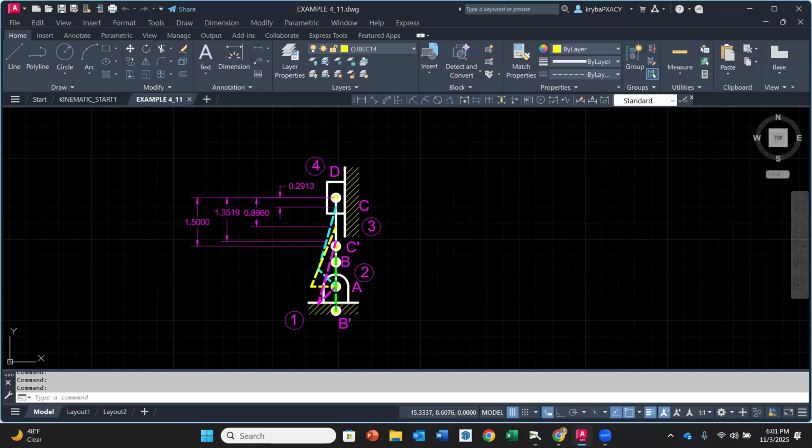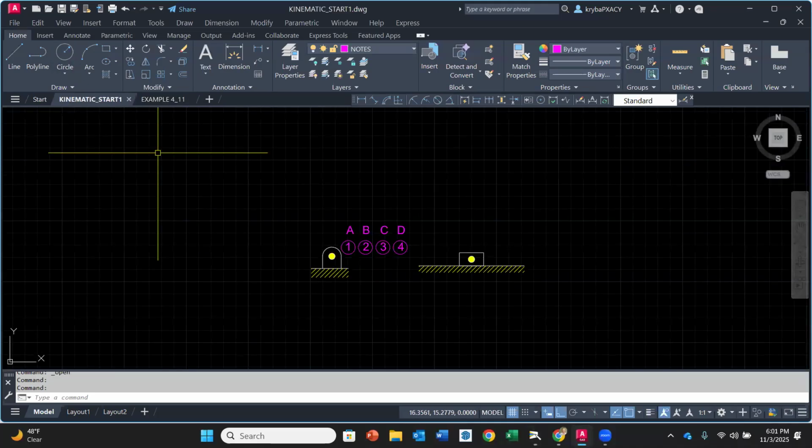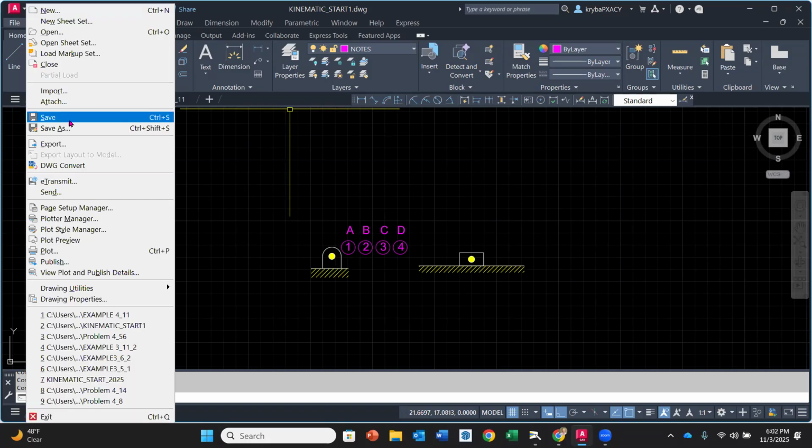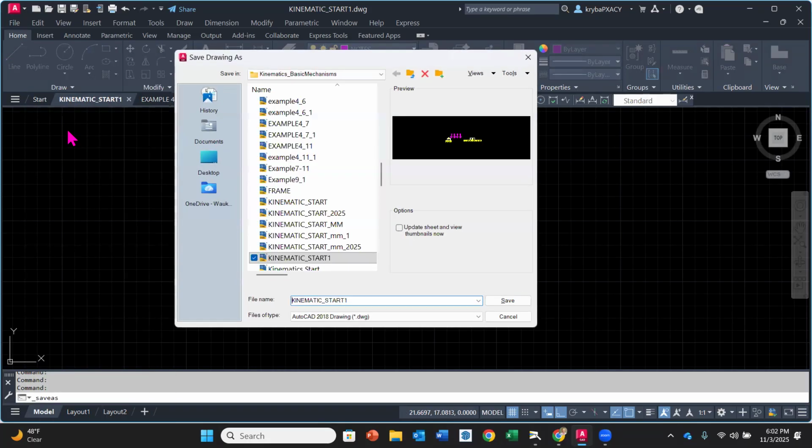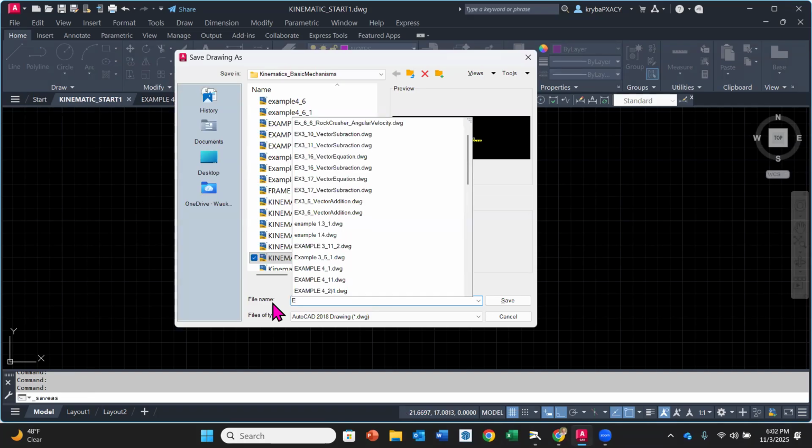So I'm going to go over to AutoCAD, and I am going to start with my Kinematics start file. I have the inches one open. It doesn't really matter which one you have open. I'm going to do a rename right away, save as, and this is going to be example 3.5.